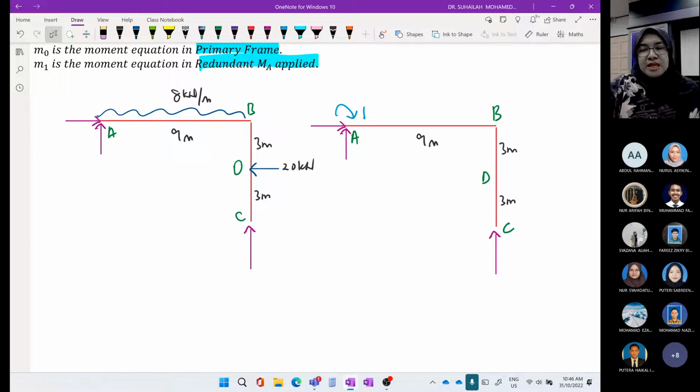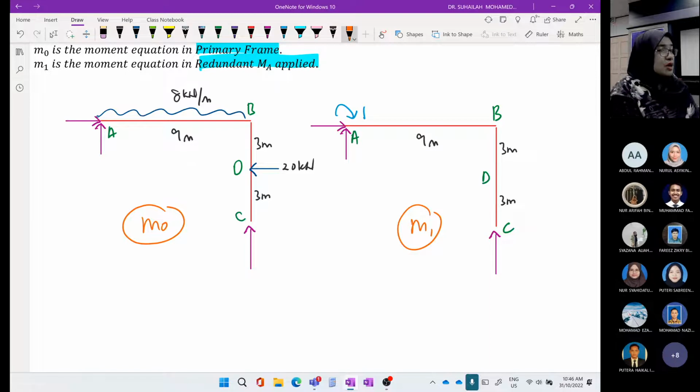So please calculate the reactions in the primary frame. In the primary frame we will have M naught, and in the redundant frame we have M1.